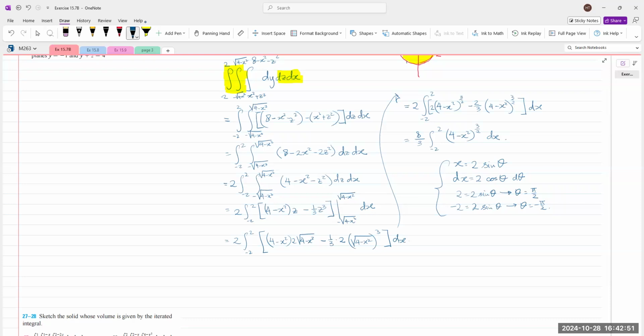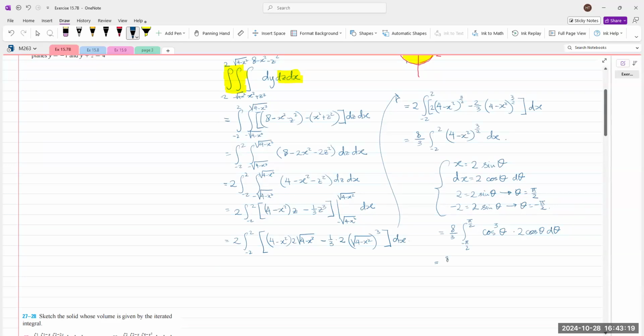Then the integral now becomes 8 over 3 times the integral from negative pi over 2 to pi over 2 of 4 minus x squared, that becomes cosine theta cubed, times 2 cosine theta d theta. Ooh, that's quite nasty, huh?